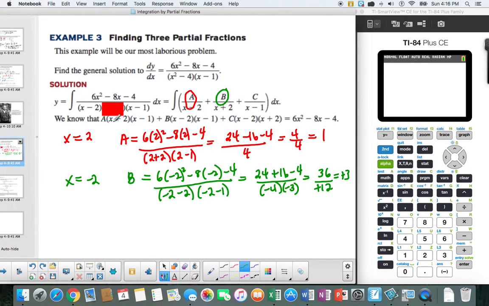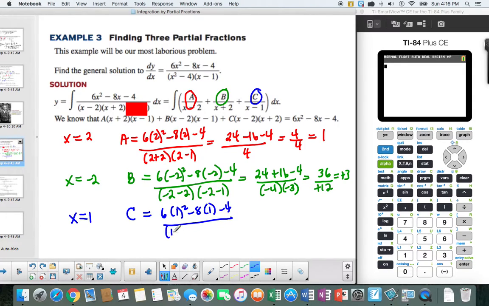All right, and then we're going to go through the process again. Let me get my pointer. I'm going to hide this portion right here. I'm going to get a different color. I want to find what C is equal to. So I'm going to let x equal 1, because that's what's going to make the denominator go to 0. And so I get C equal to 6 times 1 squared minus 8 times 1 minus 4, all over 1 take away 2 times 1 plus 2.